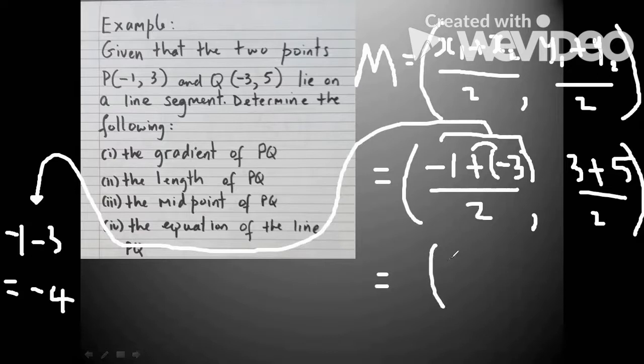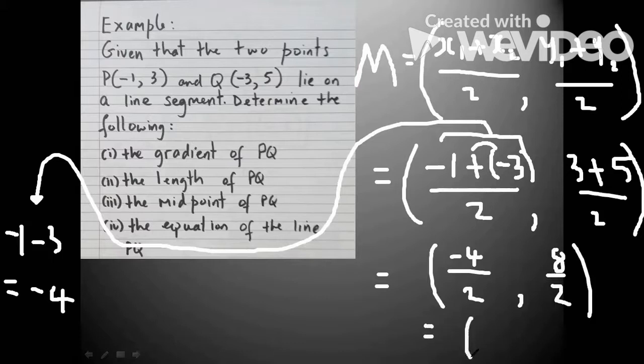So the numerator for that is going to be -4 divided by 2. And that's going to be 8 over 2. All right. So 3 plus 5 will give you 8. And then when we reduce this, we're going to get -2 and +4. So, ladies and gentlemen, the midpoint is -2 and 4.